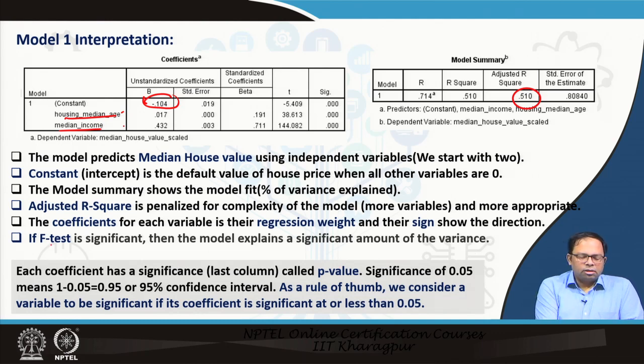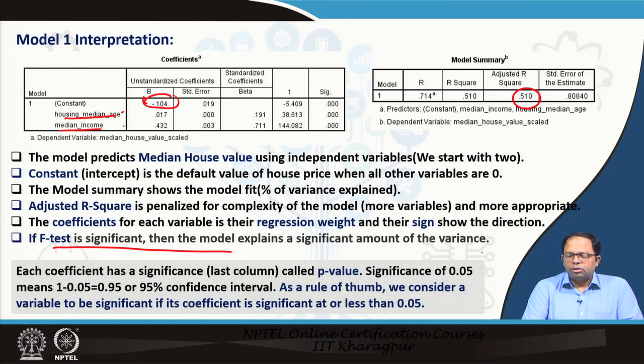So, an F test is also done, which shows the significance of the model structure. That means, whether the inclusion of these variables is explaining a significant amount of variance.